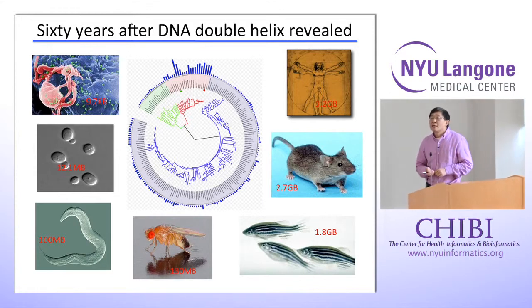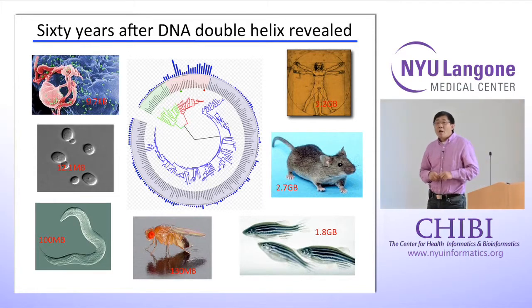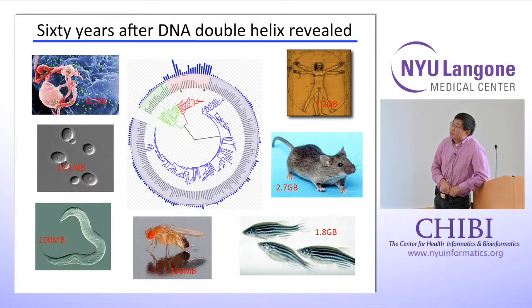Yeast is a widely used system for DNA replication and DNA damage and repair studies. Underneath yeast is the C. elegans worm. This is a star model system which has been widely used for developmental biology.